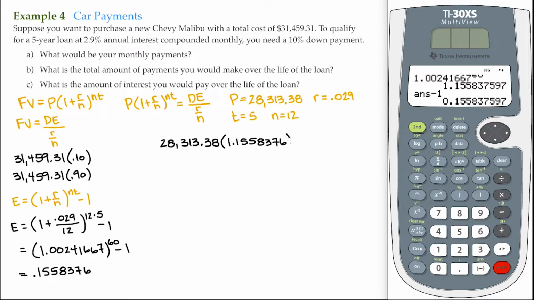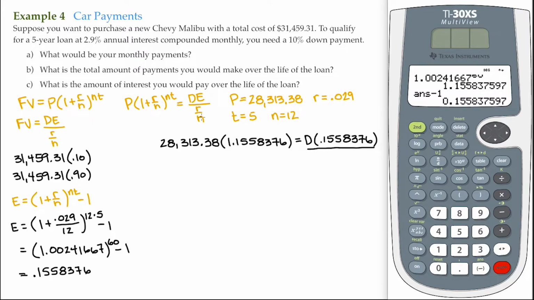1.1558376. This is then equal to D, that's what we're trying to find, times E, which is right down here, 0.1558376. Notice how E here is 1 less than what it is here.